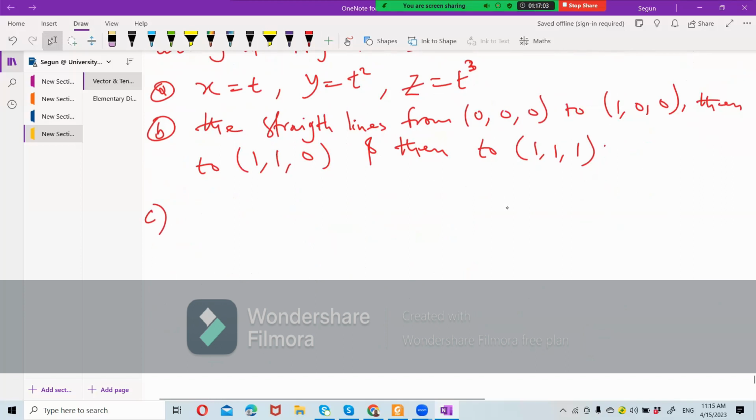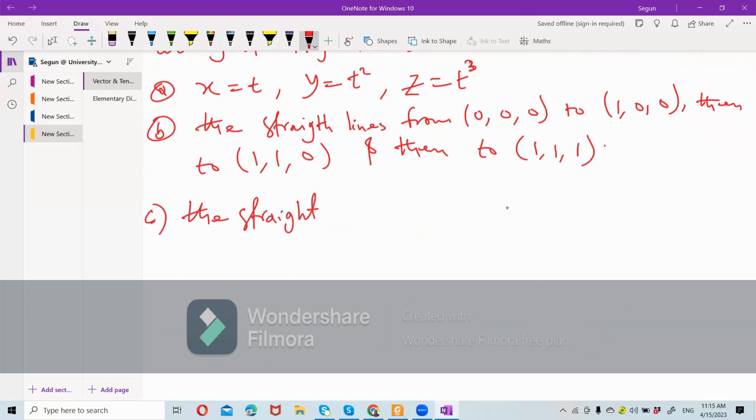C: the straight line joining 0, 0, 0 and 1, 1, 1.